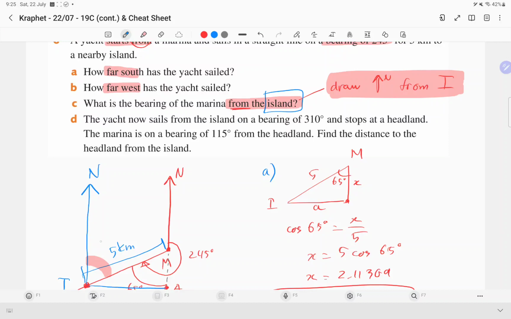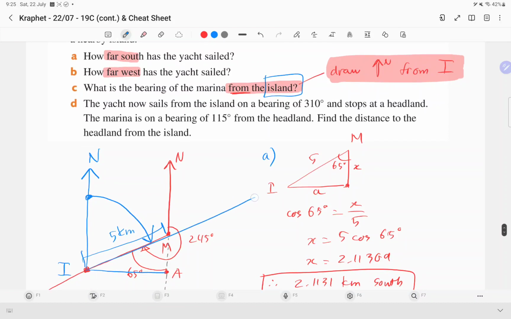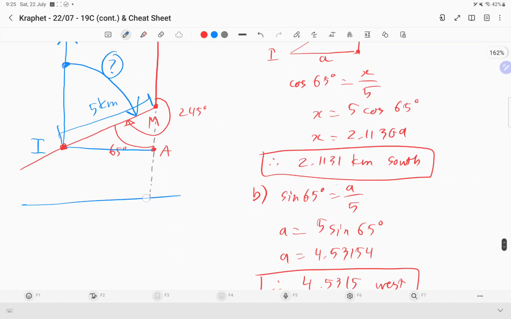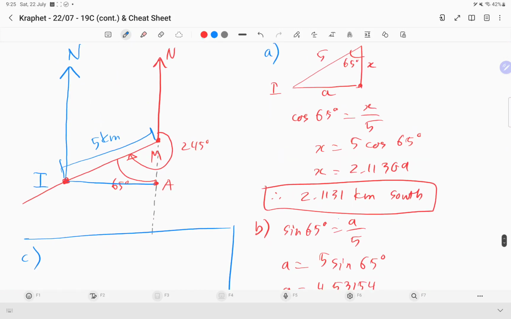Look from the north line until you reach the direct angle to the other point here. So this actually is the angle that they're asking for in question C. Does it make sense? Yeah. So that's why for question C, you're calculating this angle here.